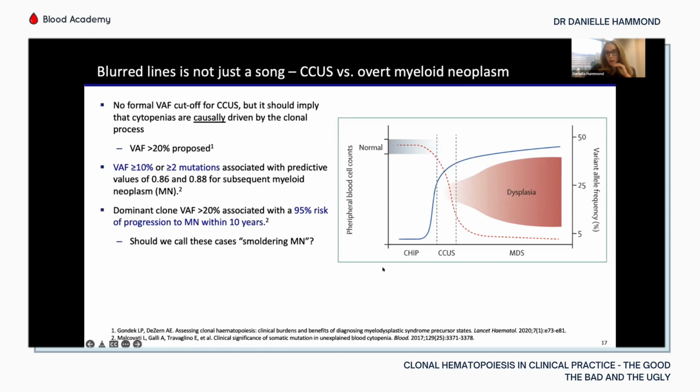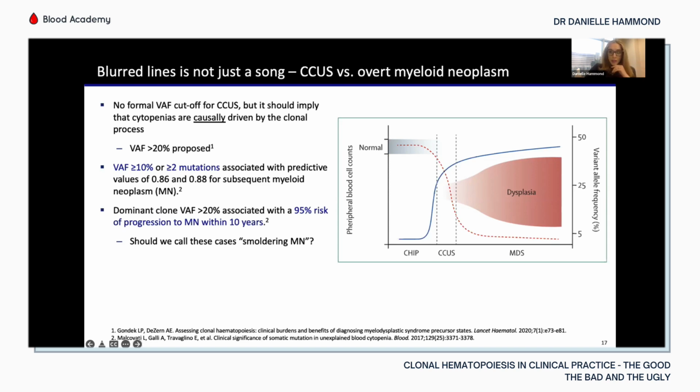Although I do anticipate, just as the definition of smoldering multiple myeloma changed in 2014 based on the fact that there were certain conditions not being called multiple myeloma that did predict an 80% risk of progression to multiple myeloma, they decided that clinically it made sense to reclassify these patients as having bona fide multiple myeloma warranting intervention.